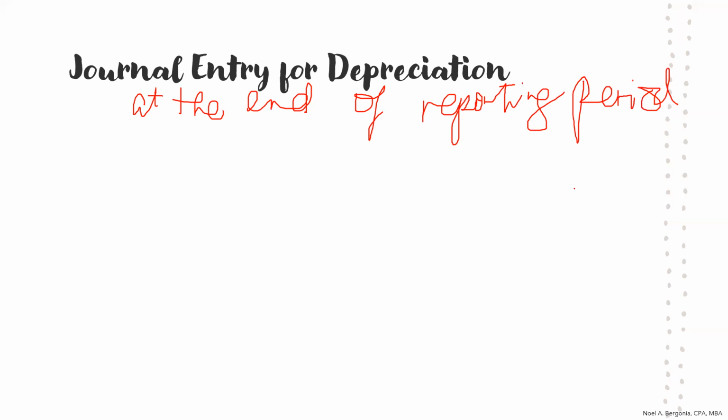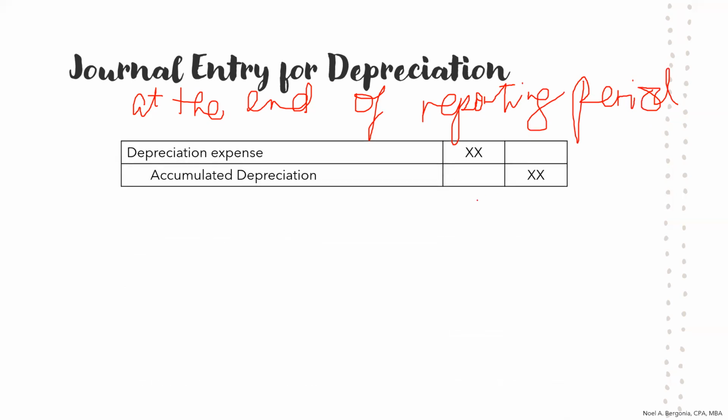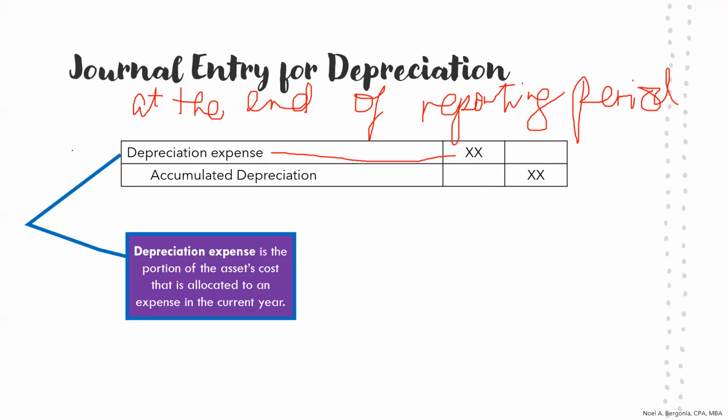Okay? So ang entry natin is ito, no? So we will be debiting depreciation expense. Okay? So debit depreciation expense. So ano ba tong depreciation expense na to? That is referring to, of course, an expense, which is the portion of the asset costs that is allocated to an expense in the current year. So remember, di ba, what's the reason why we are recognizing expense once it is used?